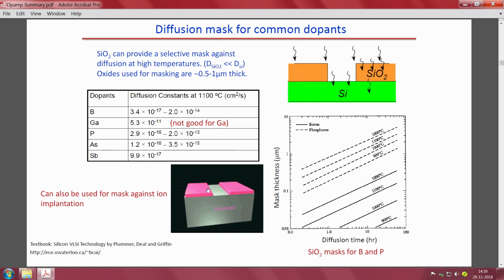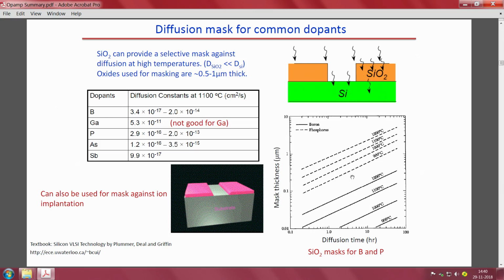Now, depending on the type of dopant, whether it is boron or phosphorus, you have to select the thickness of the silicon dioxide. Silicon dioxide mask thickness depends on the type of the material that you are diffusing. When you want to diffuse for, let us say, 10 hours, and it is boron, and the wafer is at 1200 degrees centigrade, I need a thickness of close to 0.2 microns.